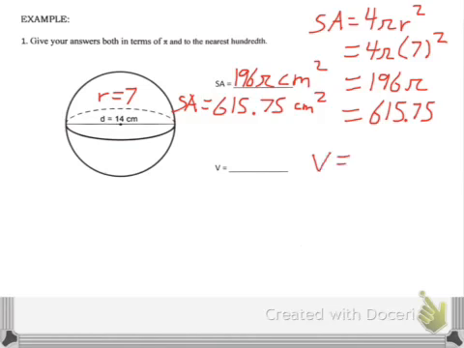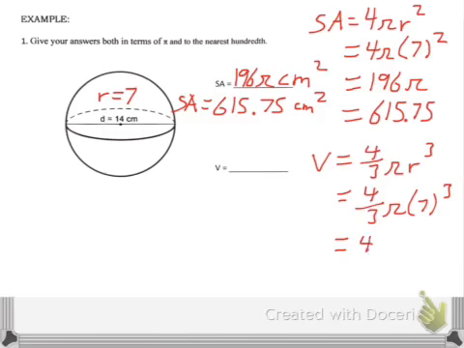Alright, our formula for volume is 4/3 pi r cubed. Alright, so let's plug the radius into the equation, which is 7. Okay, once again, in terms of pi, leave pi out of the calculator, you'll get 457.33 pi.